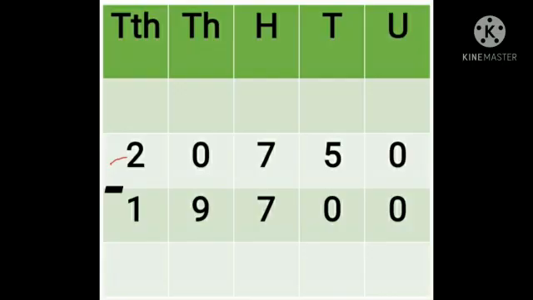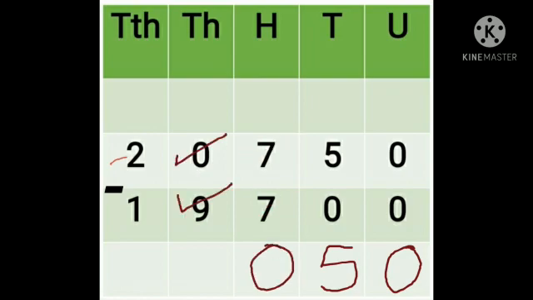Starting from the units, 0 minus 0, we get 0. 5 minus 0, we get 5. 7 minus 7, we get 0. 0 minus 9, we can't subtract. So 1000 will borrow from 10,000 place. After borrowing 10,000, we get 10 in 1000 place and 1 will remain in 10,000 place.